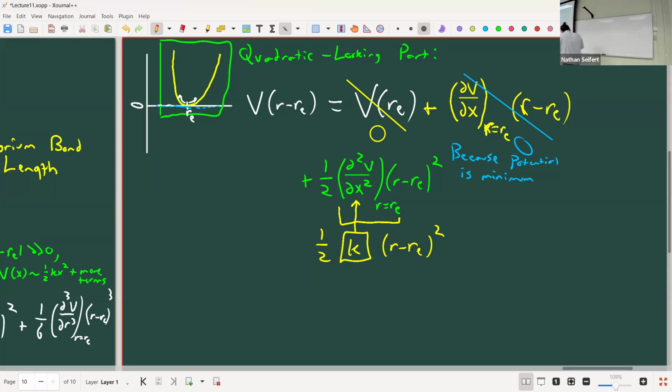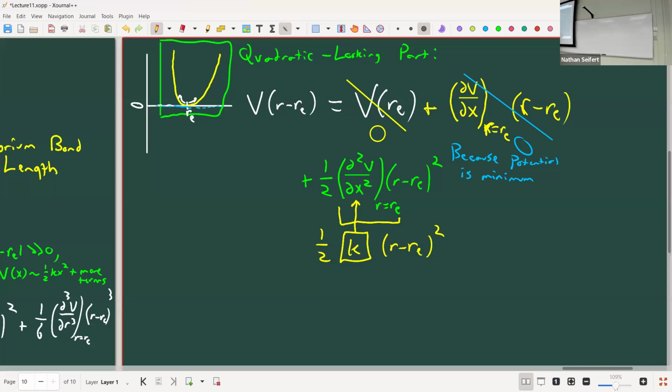So this is k. That's in some sense what k is telling you. K tells you, just like we saw, the stiffness. It tells you how much energy you have to put into the spring in order to stretch it a certain amount. As k gets bigger, this becomes more sharp and more curved, which means that the energy rises faster as you displace left or right. It takes more energy.